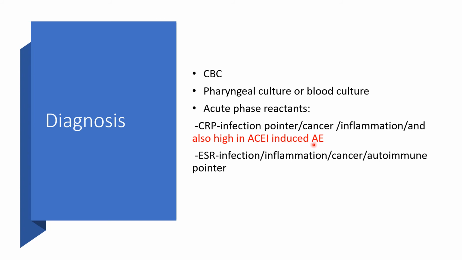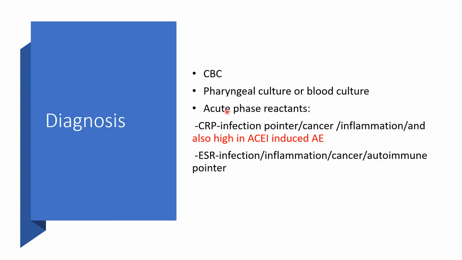In the face of ACEI-induced angioedema, there will be a high level of C-reactive protein. The erythrocyte sedimentation rate will be pointing to infection if it's very high, also inflammation, cancer, and autoimmune diseases.